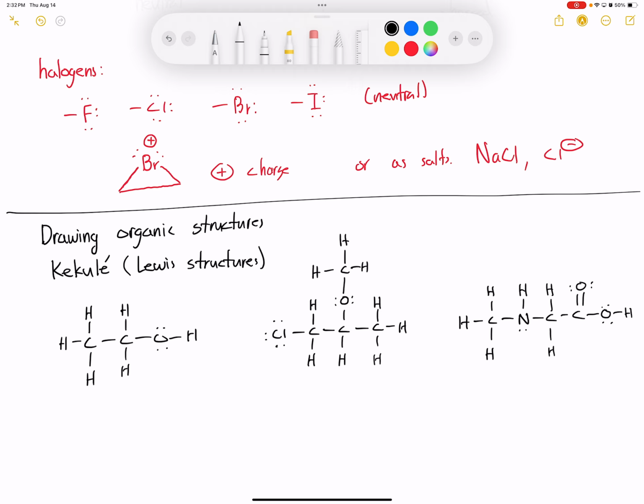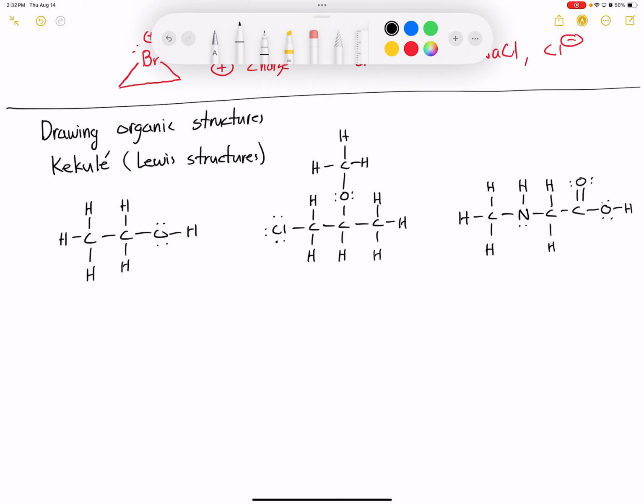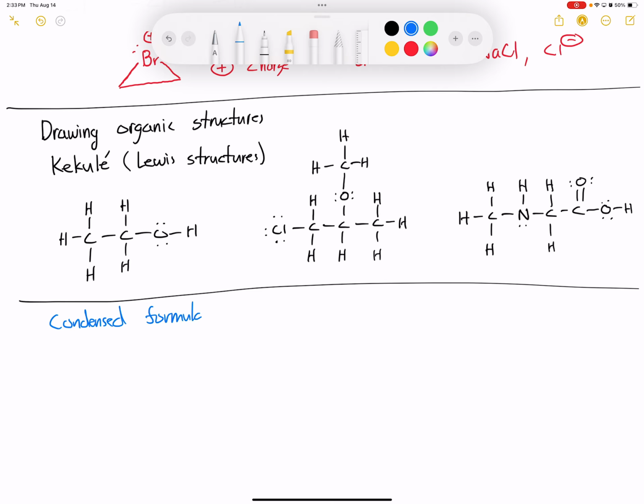So these compounds, when we draw them out, can become tiring, especially if you have to draw a really big structure. So another way we represent organic compounds is using what we call condensed formulas. Has anyone heard of condensed formulas? All right.